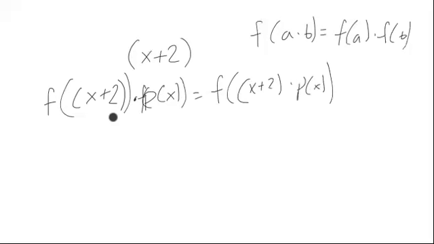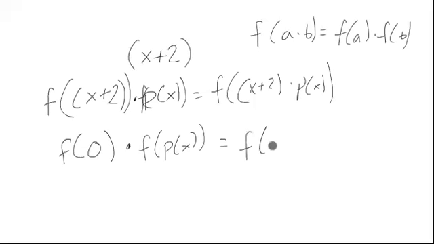Well, notice that since we require that x plus 2 goes to the same place as 0, this has the same image. We could put that back as f of 0 times f of p of x. That actually means that this is 0. But we know that x plus 2 is in the same fiber as 0.